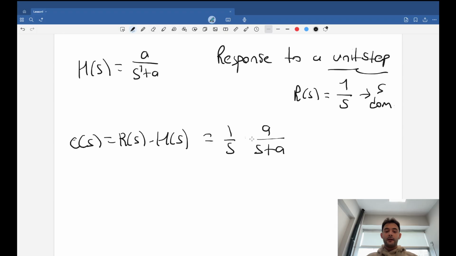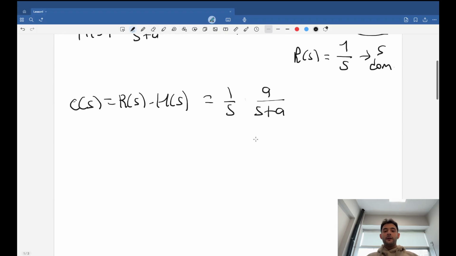That's simple. But if you are asked to find the response, we should go to the time domain, because we will analyze how the system behaves throughout time, whether it reaches infinity or a certain value. So to get to the time domain, t, we should do inverse Laplace.